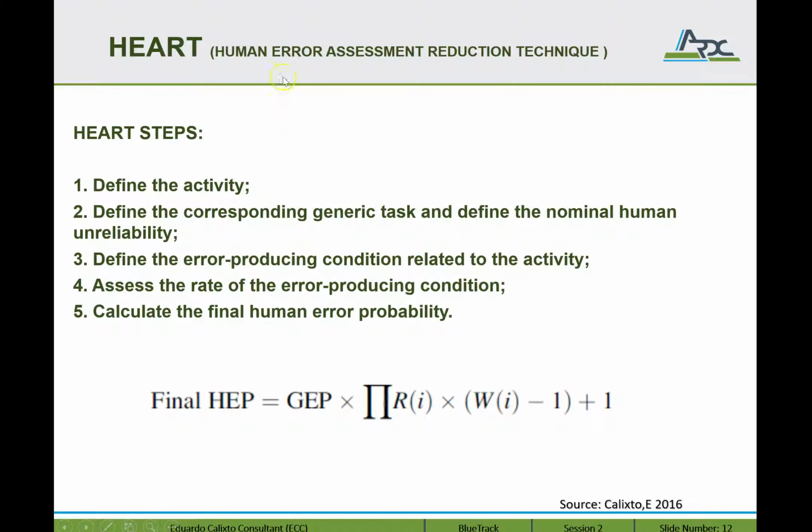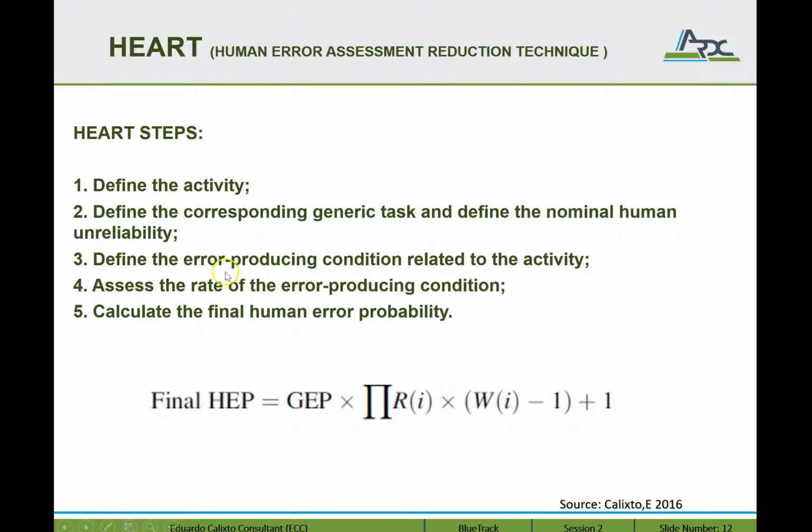The third method is human error assessment reduction technique. This method is more sophisticated because it not only enables predicting the human error probability, but also takes into account the human performance factors. So the steps of this method are: define the activity and its tasks. Then for each task we need to define the corresponding generic task and define the nominal human reliability, that's defined in the table.